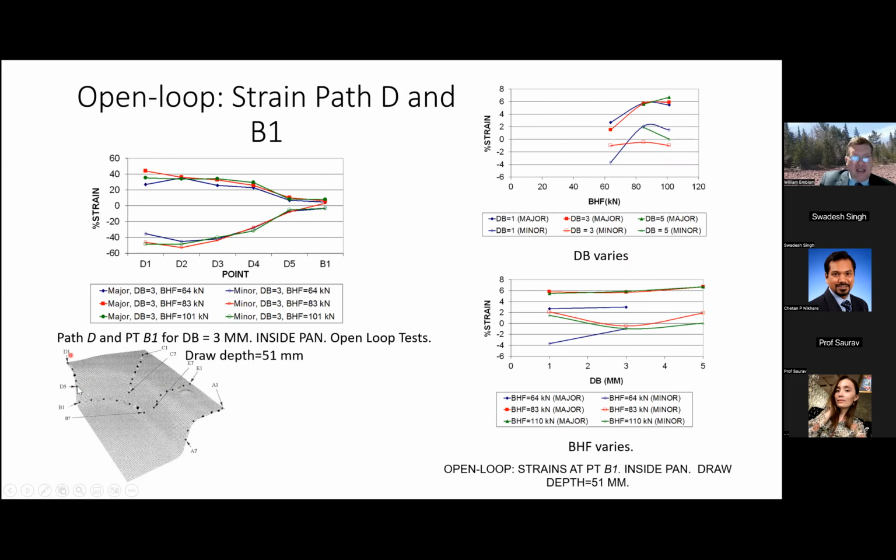I can see along path B and D1 that the strains are relatively constant. So, okay, that means that I should be able to control the strains at the die end using blank holder force rather than draw beads.